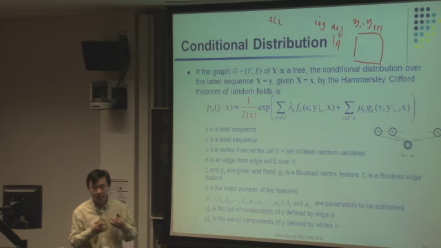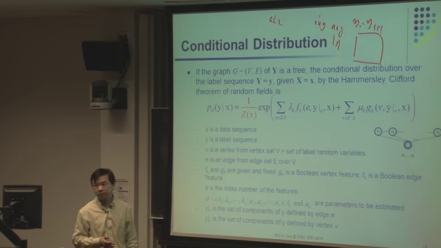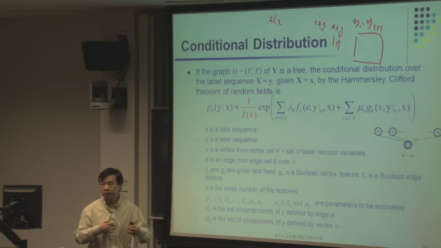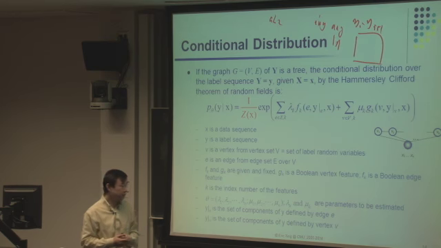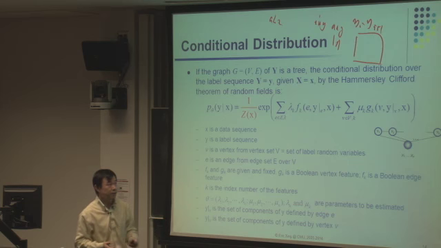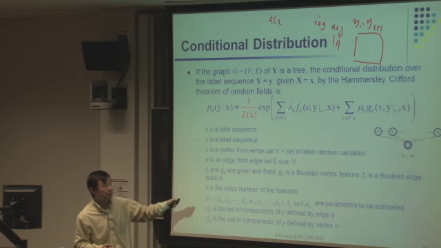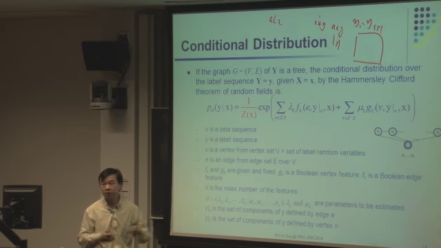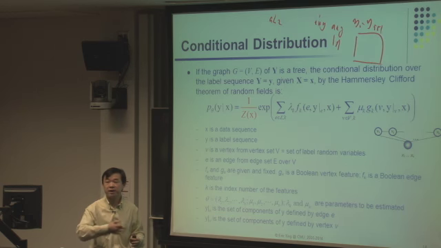You basically can build a table telling others how a pair of labels are going to prefer certain configuration over other configurations. And once you have all these together, all you have to do is to put a placeholder, lambda and mu, which are the weights or the parameters, and then you have a lot of training sequences.